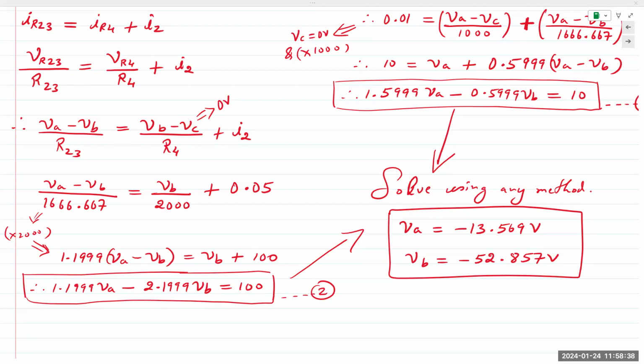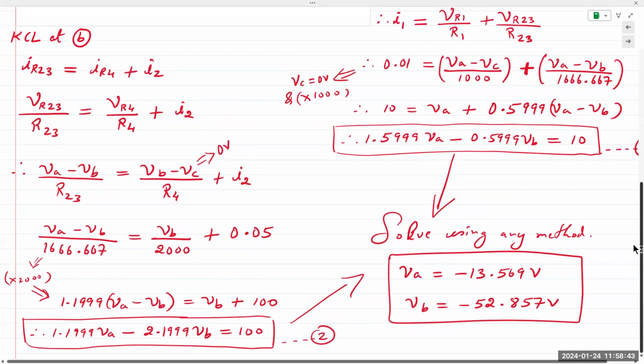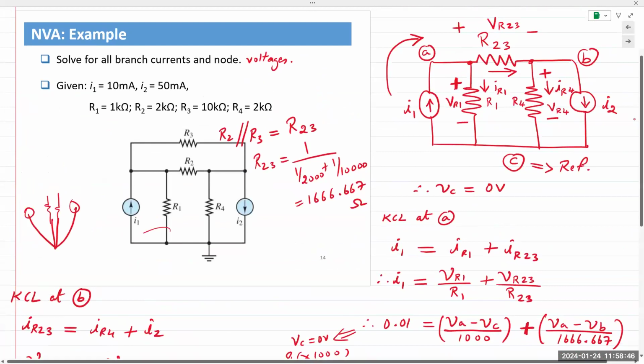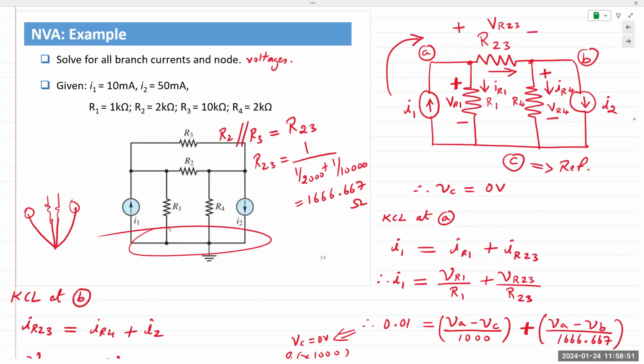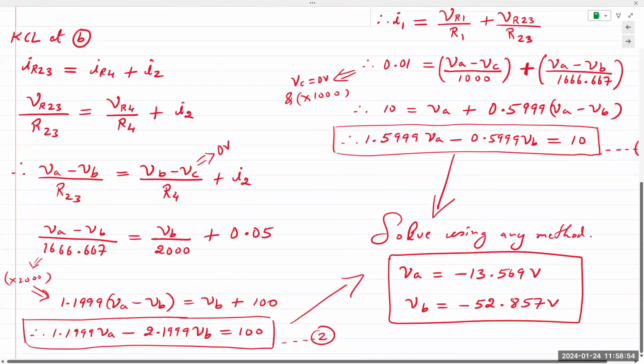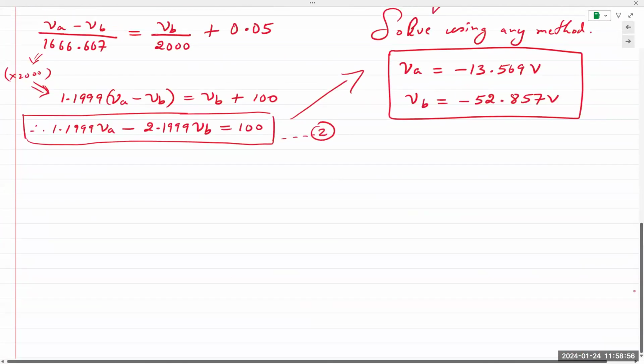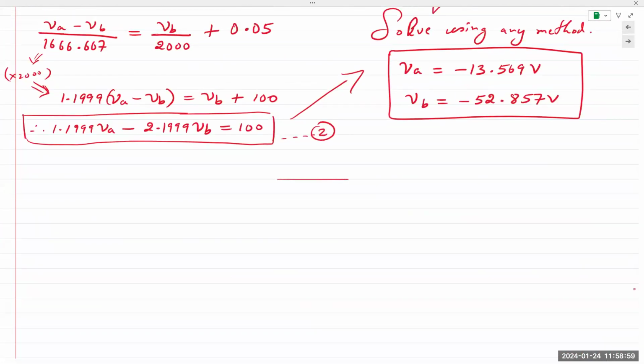We obtain negative numbers. That doesn't mean your answer is wrong. The voltages at A and B are measured with reference to C. C is at 0 volts, right? It seems C is the highest point because all the other numbers turned out to be negative. So if C is at 0 volts, it simply means A is below C, at minus 13.